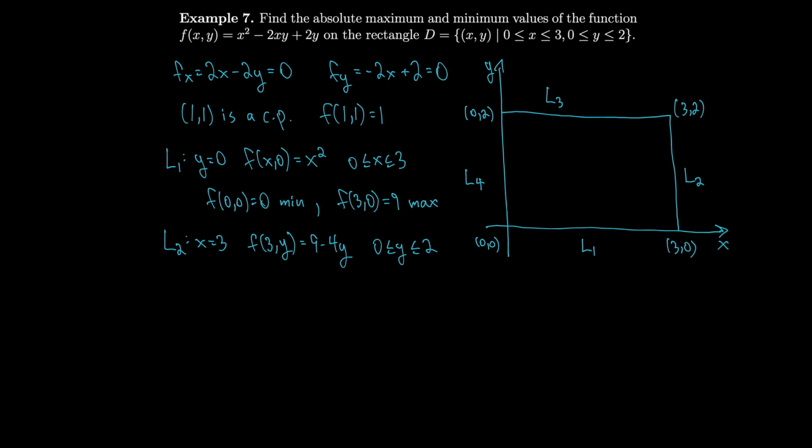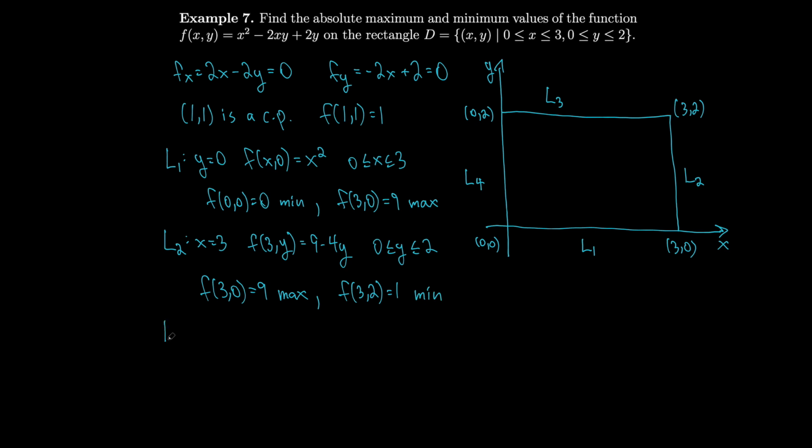So this function is decreasing. So that means that we started at our maximum and we ended at our minimum. So we could say that f(3, 0) = 9 is our maximum along this line, and f(3, 2), which is 1, is our minimum.